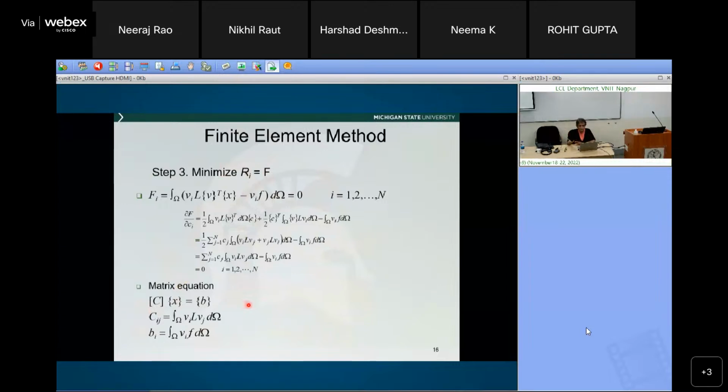This is what COMSOL does, so I don't think we need to spend more time. Nobody does all these things anymore because you just use COMSOL, right? Okay.